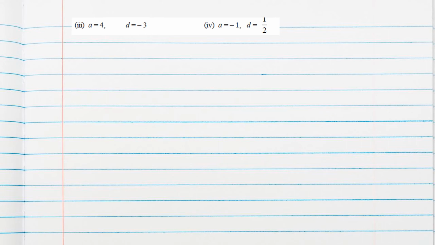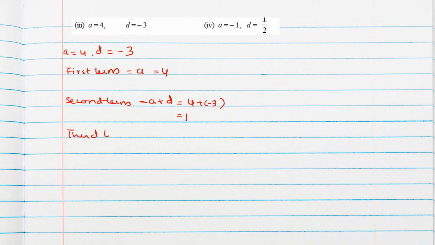Question number 3. A is 4 and D is minus 3. So the first term will be A, that is 4. The second term is A plus D. So 4 plus D, which is minus 3, will give 1. The third term is A plus 2D. So 4 plus 2 into minus 3: 4 minus 6, which gives minus 2.